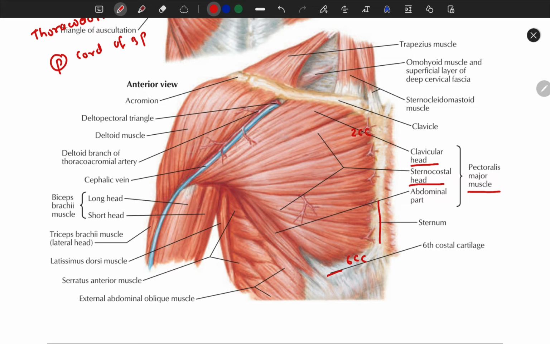It is also originating from the aponeurosis of the external oblique muscle. So this is the external oblique muscle. The pectoralis major muscle also takes origin from here.